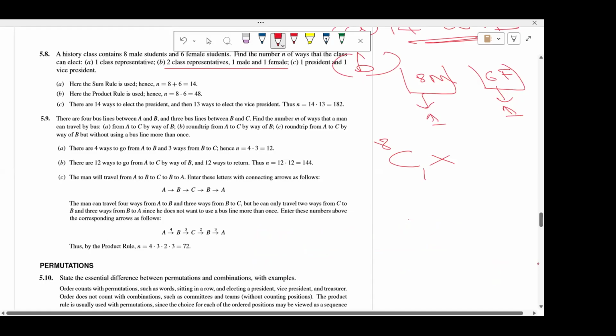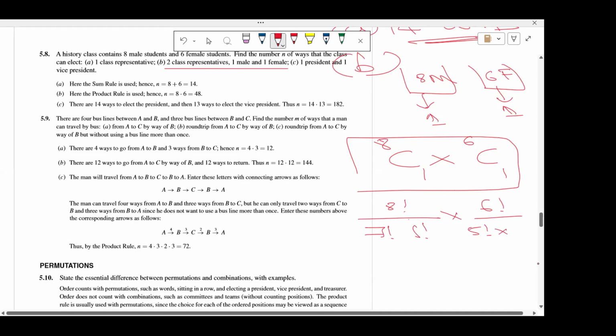I already explained. From these 8 male students, we are selecting one male representative in 8C1 ways. Here we have 6 female students, 6C1. So 8C1 is equal to 8 factorial over (8 minus 1) 7 factorial into 1 factorial, multiplied by 6 factorial over (6 minus 1) 5 factorial into 1 factorial. 1 factorial is equal to 1, so we don't need to write it. 8 into 7 factorial we can cut down, and 6 into 5 factorial we can cut down.